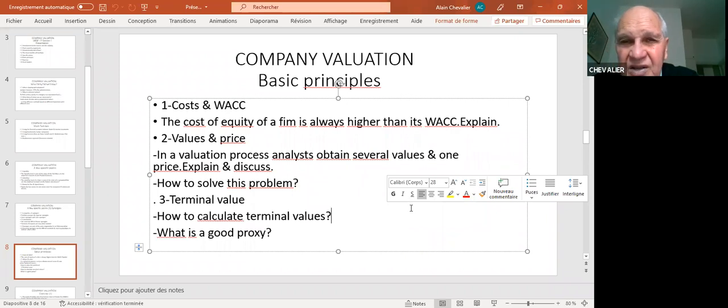And you put all these values on a straight line, and you obtain what we call a range. And this range is a segment, in fact, with extreme points, which are the low value and the higher value. That means the only thing you're able to say is that I've got several values, but all of them can become a price. I don't have any method to choose between them.